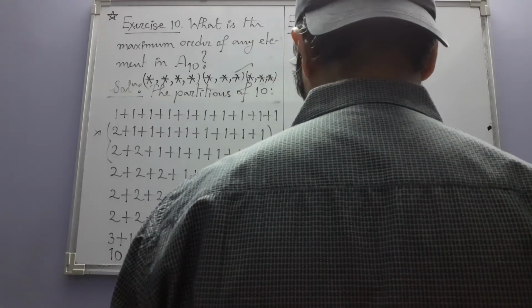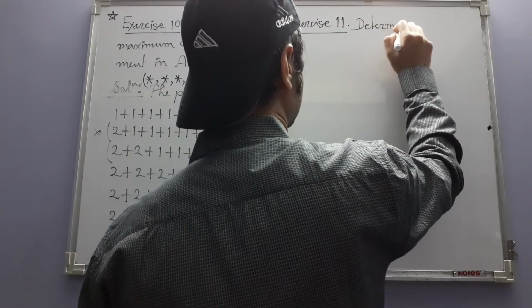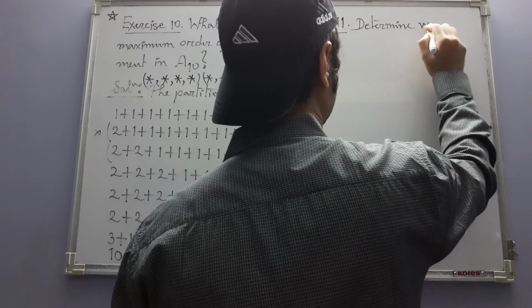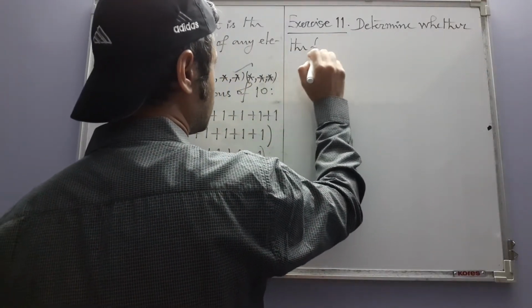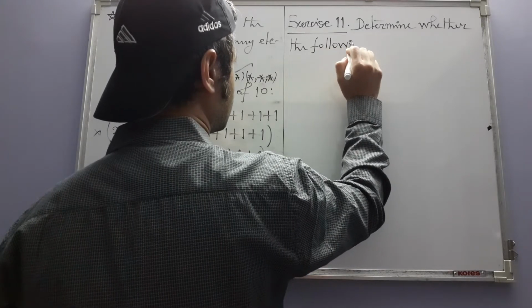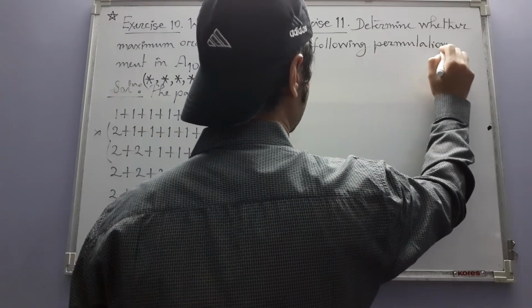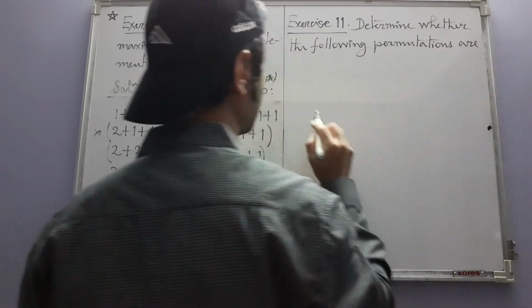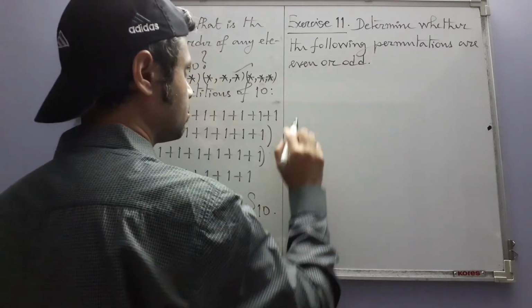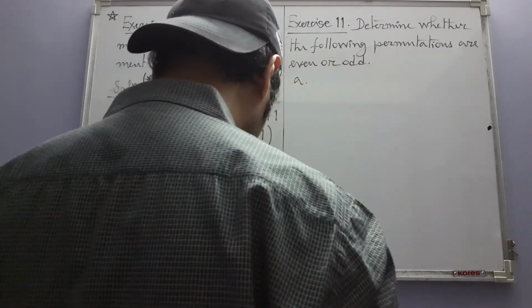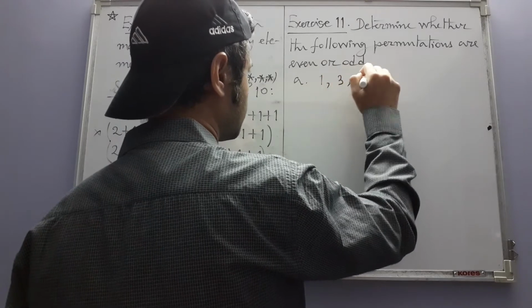Determine whether the following permutations are even or odd. So a number of them are given. 1, 3, 5.